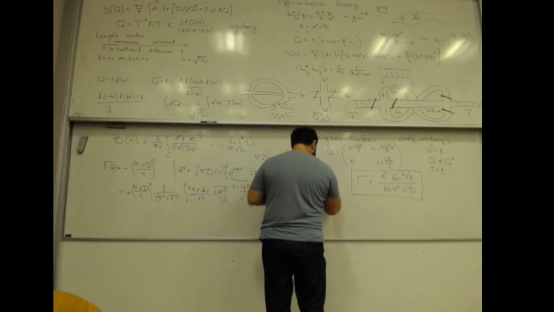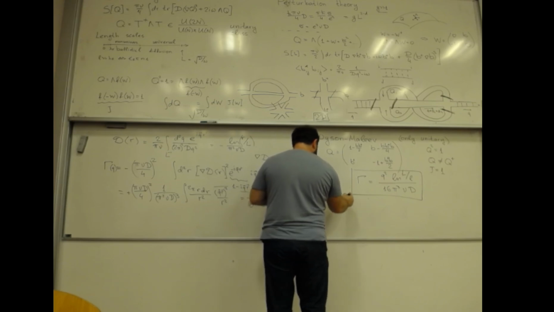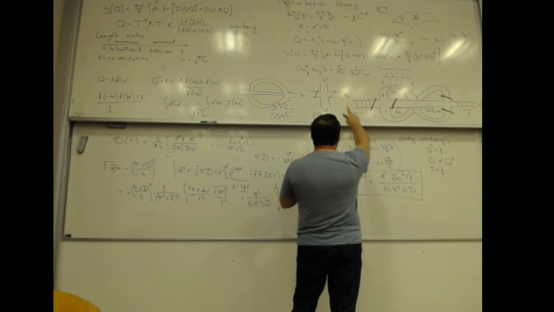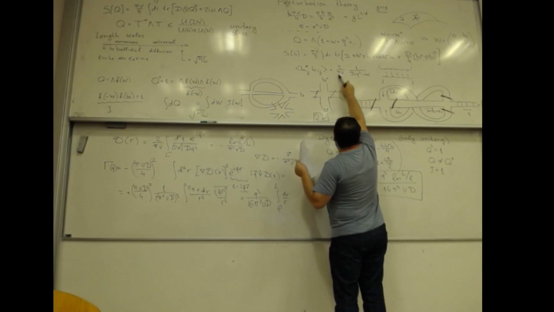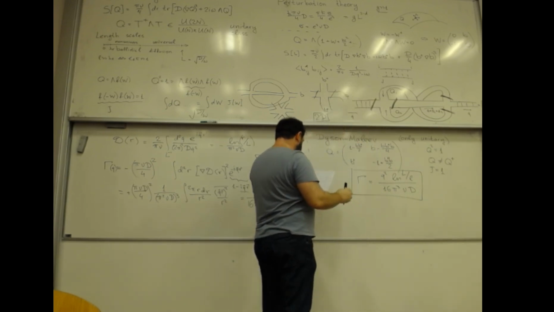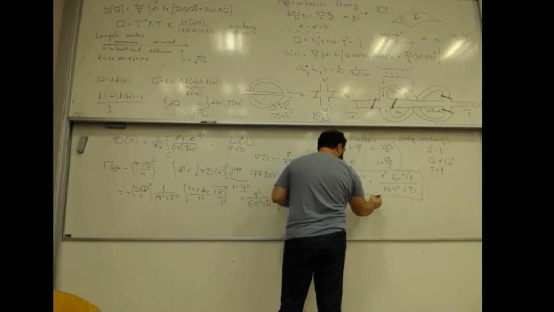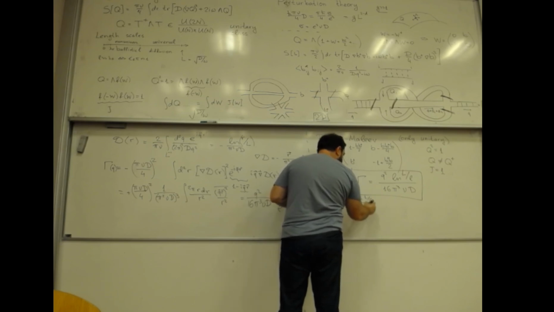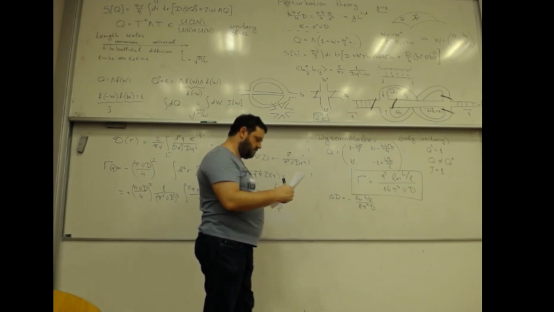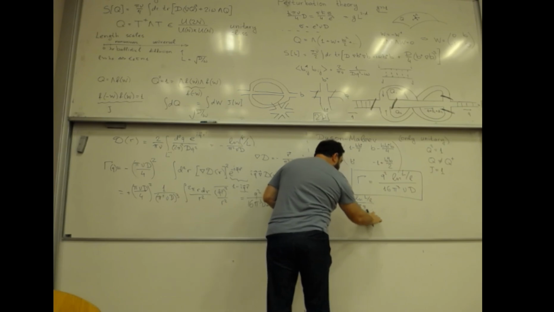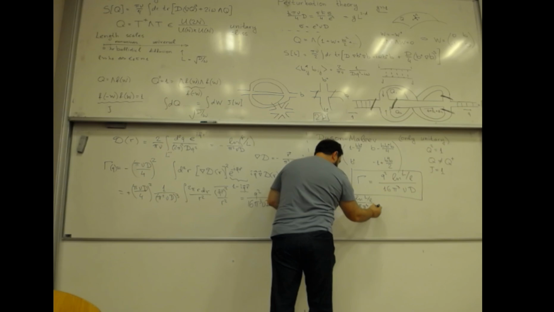So, correction to the diffusion constant, delta D. I should take this whole thing and add it here, so it's minus Q squared, with a divided by 8 pi squared mu squared.